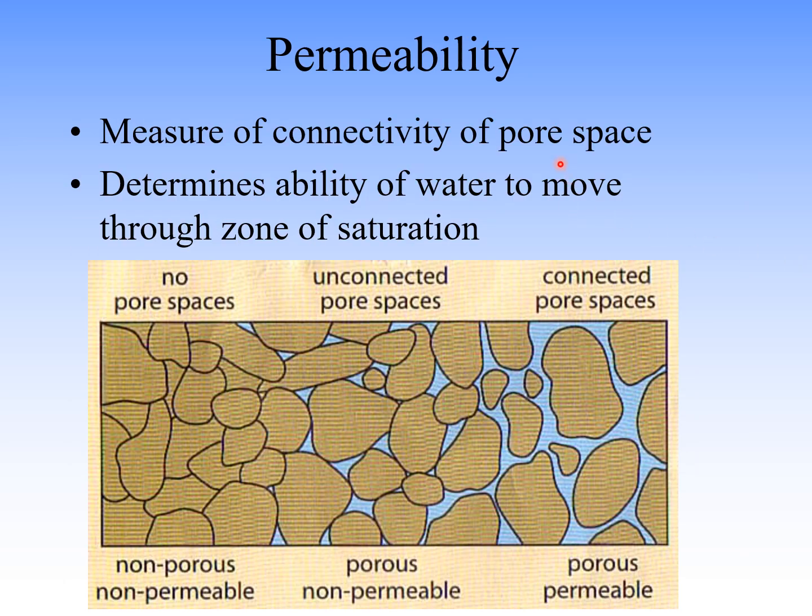So porosity is how much water it can hold, and then permeability is how much water it lets through, right? So these two things are very much related, but when you measure the connectivity of pore space, that gives you a sense of how much water can move through the ground surface or underneath the ground surface.